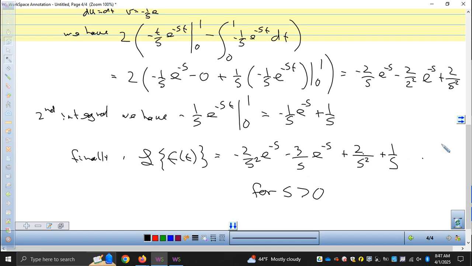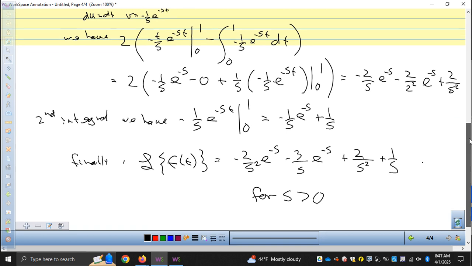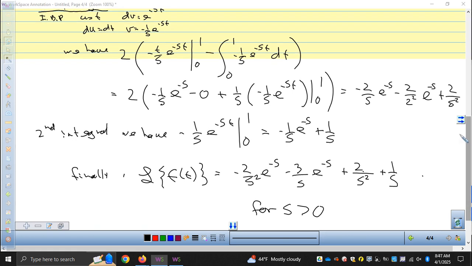Where do you get the s greater than 0 condition from? It's for s greater than 0 because their denominators are s here. But obviously s can't be 0, but could you have s less than 0?